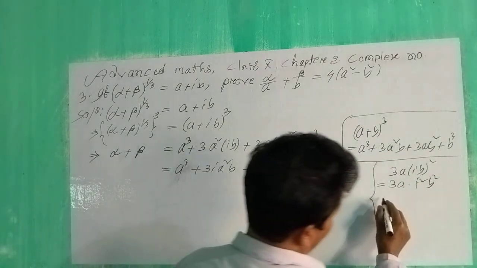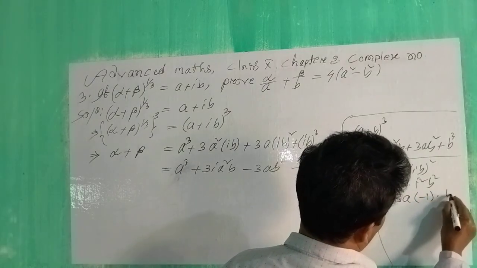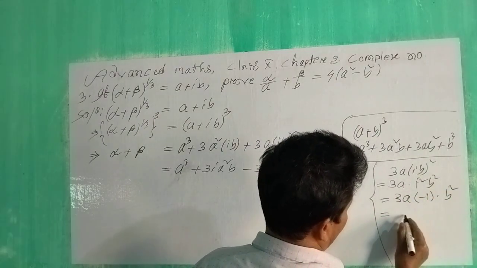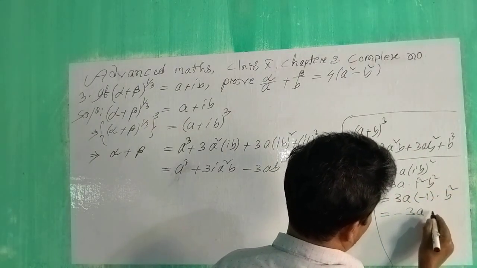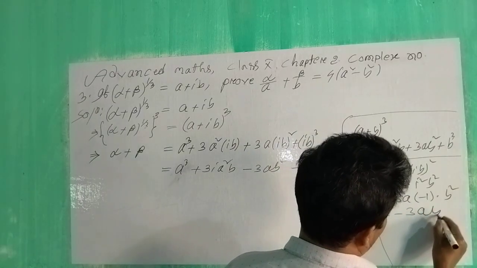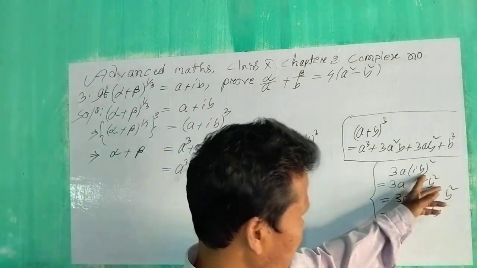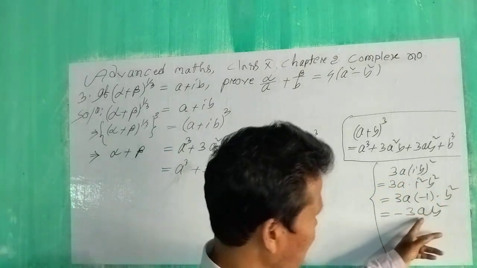We know i square equals minus 1, so it is minus 1 into b square. Next, minus 3ab square. Yes, 3a ib whole square means minus 3ab square.